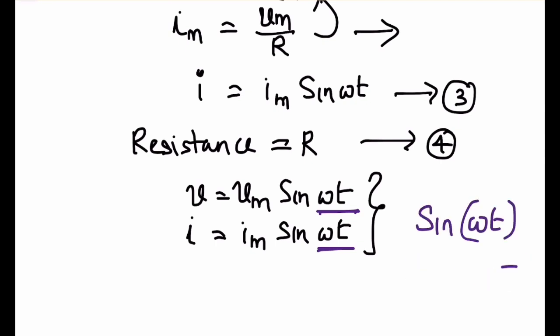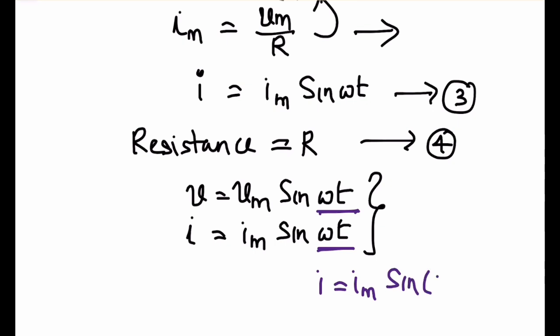When you go to the inductance circuit, you will get I is equal to Im sin omega t minus pi by 2. So that means there is a phase difference of 90 degrees between voltage and current. Similarly, when you go for the capacitor circuit, there you will get I is equal to Im sin omega t plus pi by 2.